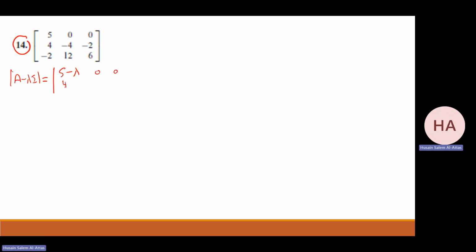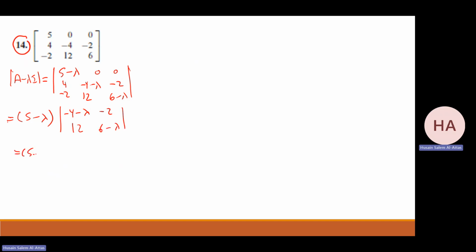That's good. 4, minus 4 minus lambda, minus 2, 12, 6 minus lambda. So that is what I will do, the expansion with the first row since I have zeros. So I have 5 minus lambda. The rest is what? Minus 4 minus lambda, minus 2, 12, 6 minus lambda.